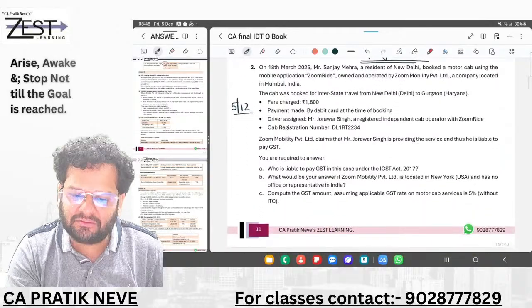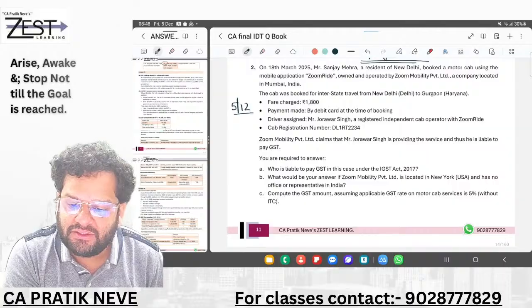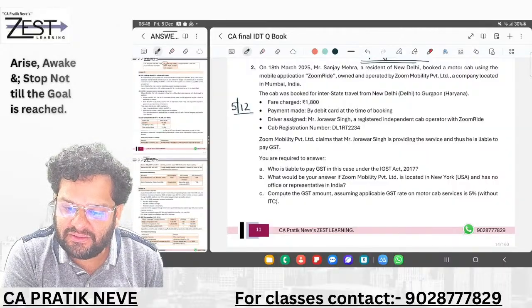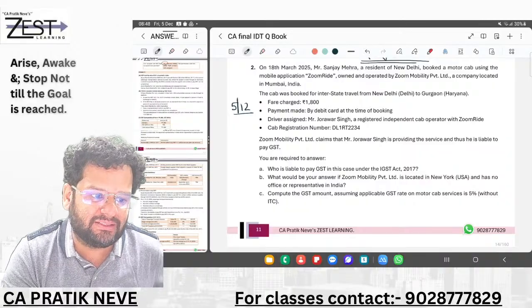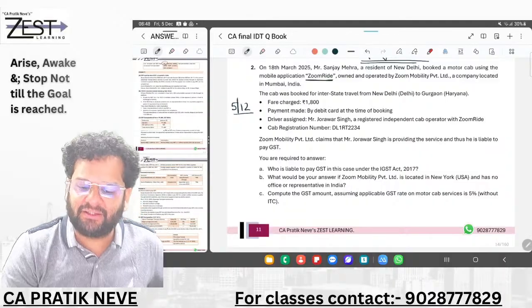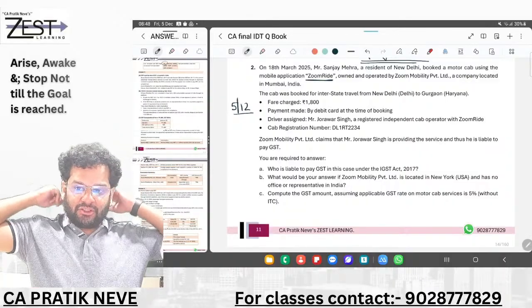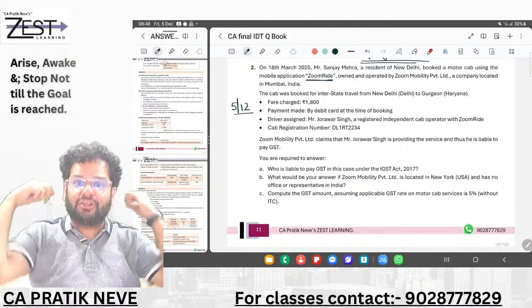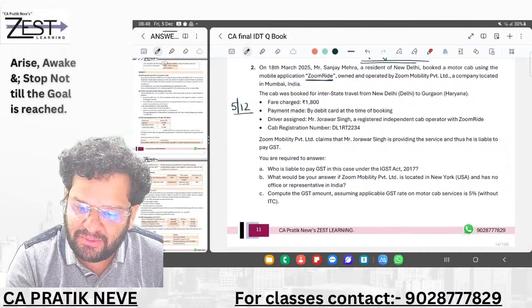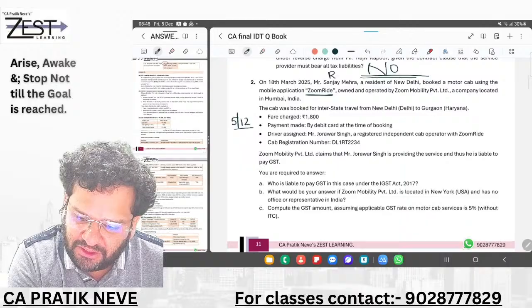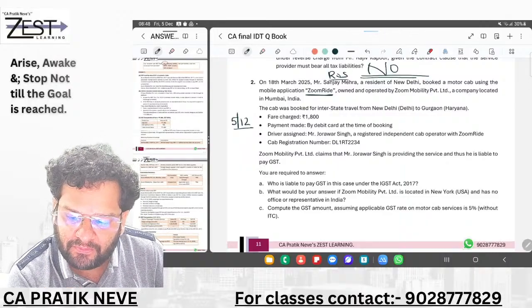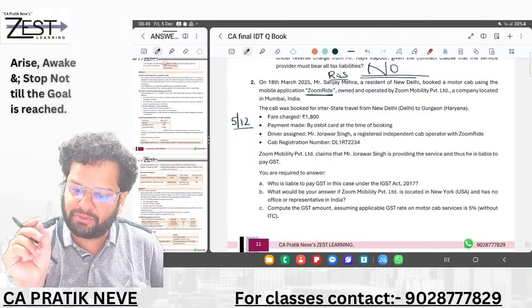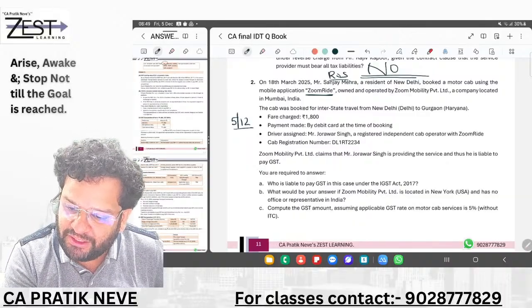On 18th March 2025, Sanjay Mehra, a resident of New Delhi, booked a motor cab using the mobile application Zoom Ride. Getting it? Mobile application Zoom Ride is being used. Sanjay Mehra is the recipient of supply because he's booking a motor cab using Zoom Ride, owned and operated by Zoom Mobility Private Limited.